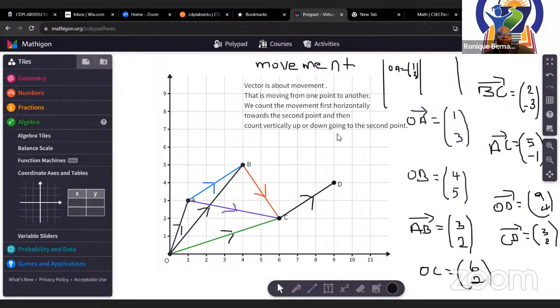Let's see if you're observing. What do you notice about the vectors in the second column?